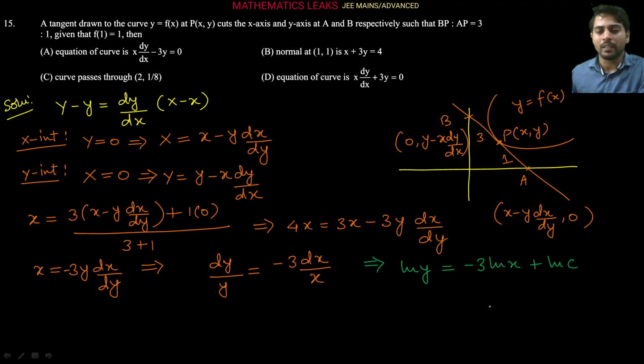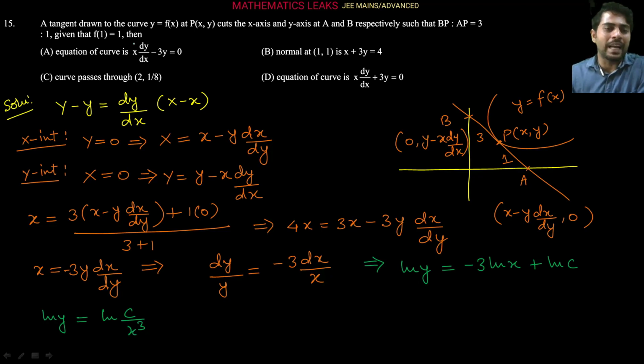So from here we are getting the integration of this equation. So on applying the logarithmic property we can write it also as ln y equals ln of c upon x cube, right?